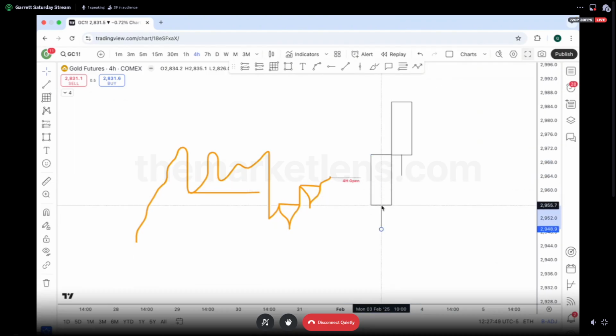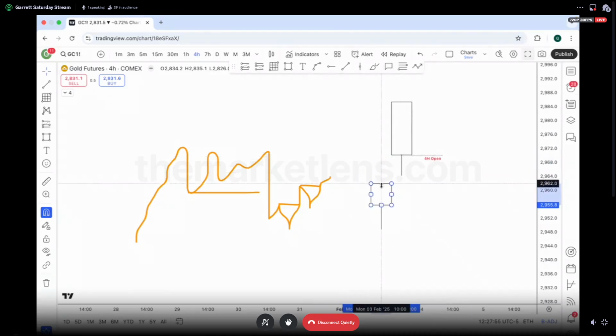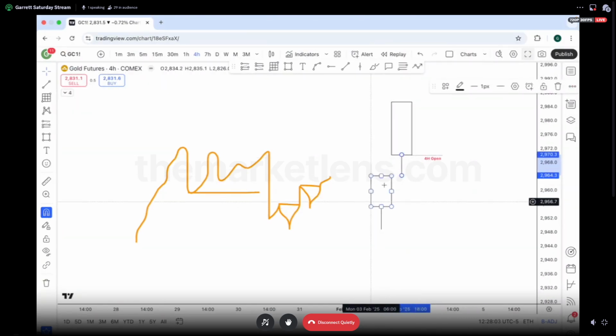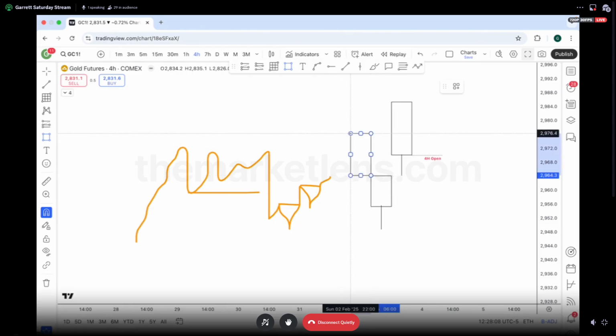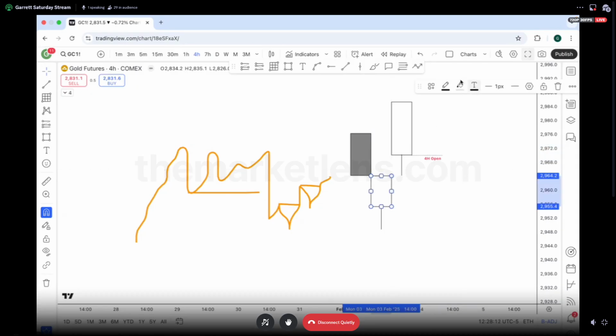It could close like this, right? Or it could close like this or something. Or there's no reversal. Let's say the other candle looks like this. Let me make this dark so you guys can see.